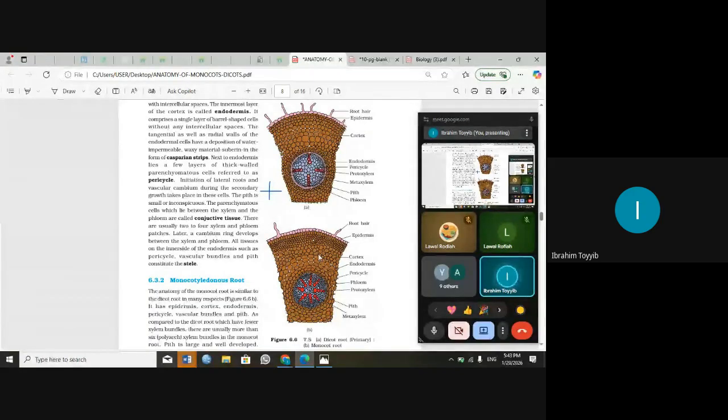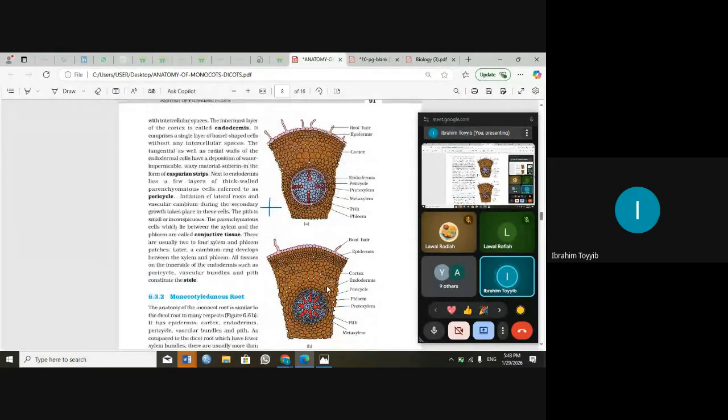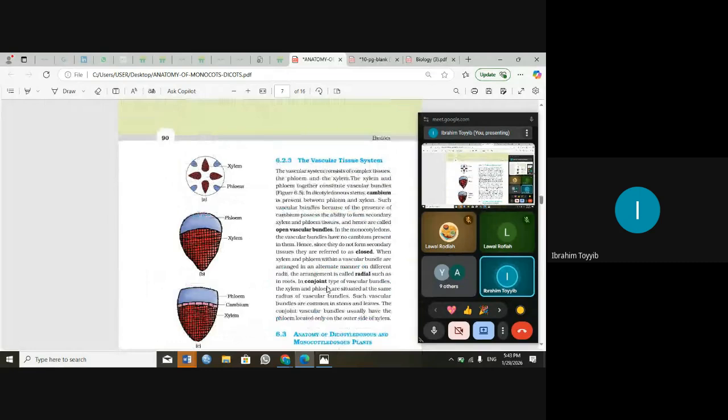So you can see this is the phloem and this is the xylem. Let me show you the phloem and xylem. This is the xylem, the one that has this protruding shape. So this is the xylem, this is the phloem. Can you see? So that you're able to recognize it.